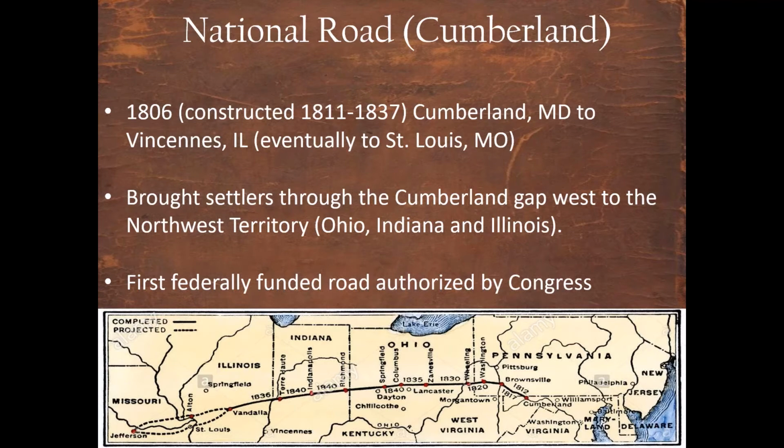So again, after the Revolutionary War, people are being given land bounty warrants. They're traveling either the Warrior's Path or they're beginning to travel along the Cumberland Road. Those are the true routes that they most likely would have taken if they had settled in southern Indiana, southern Ohio, or southern Illinois.